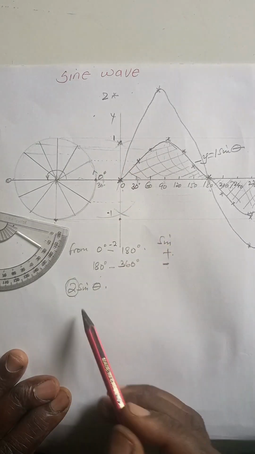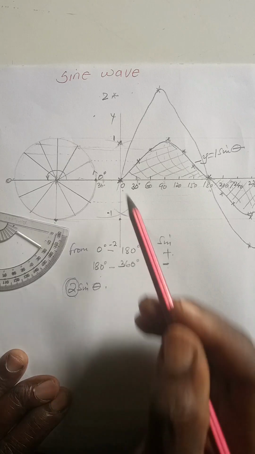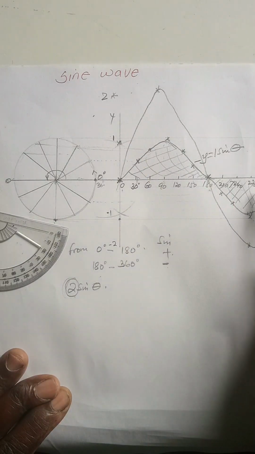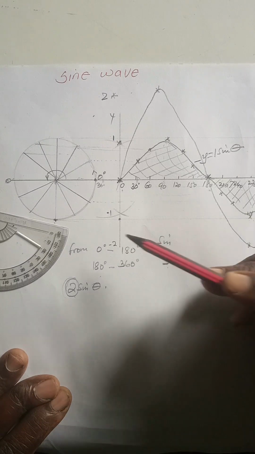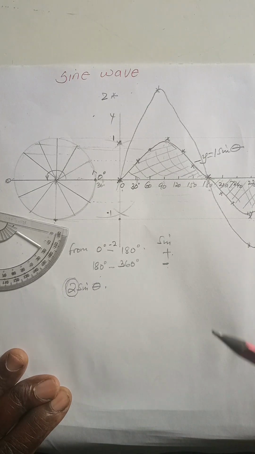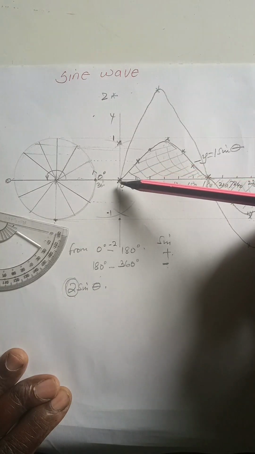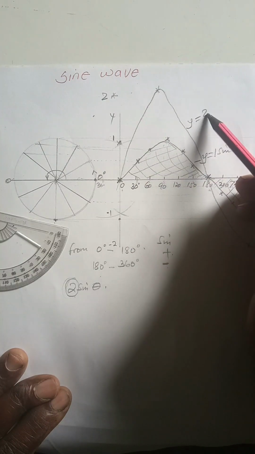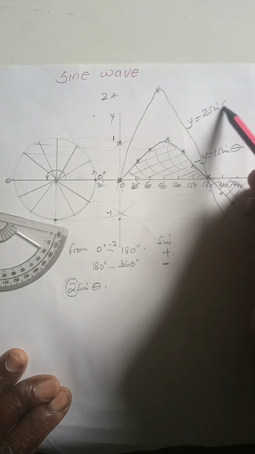So if it is twice, our 1 is multiplied by 2. Likewise, at this point, we multiply -1 by 2, we get -2. So that if we were to draw a graph, we would draw it this way. And then we call this one y is equal to 2 sine theta.